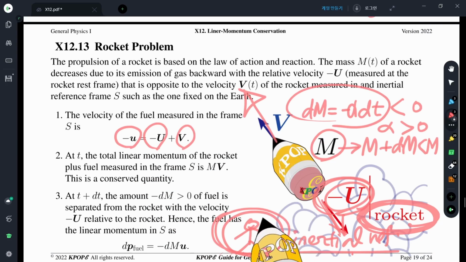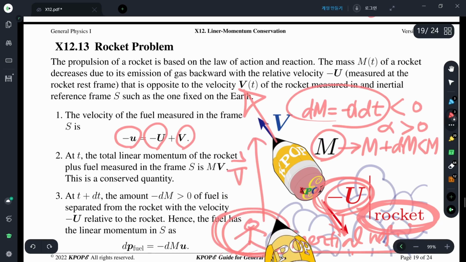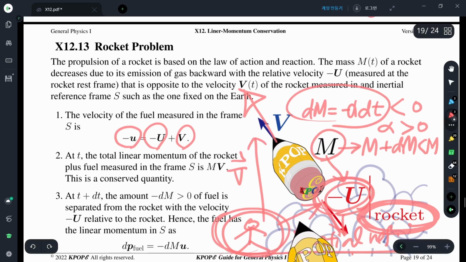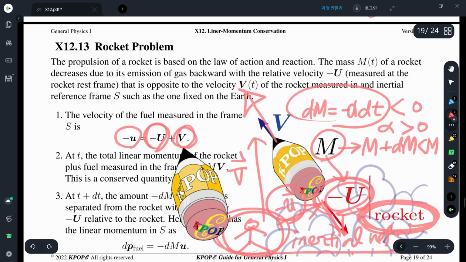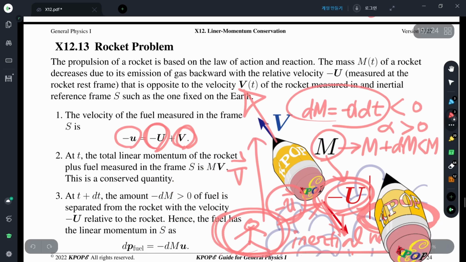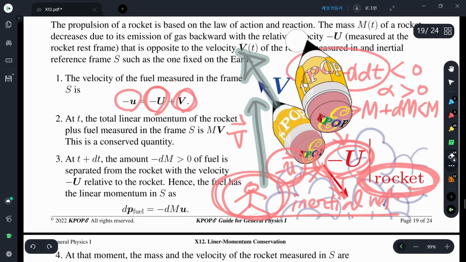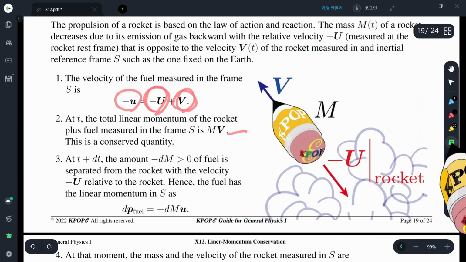This is the velocity of the rocket seen from us, and this is the relative motion. So what we see is minus a small u, that is capital U, plus the velocity of the rocket. All right. So initially, the whole system had the momentum mv.